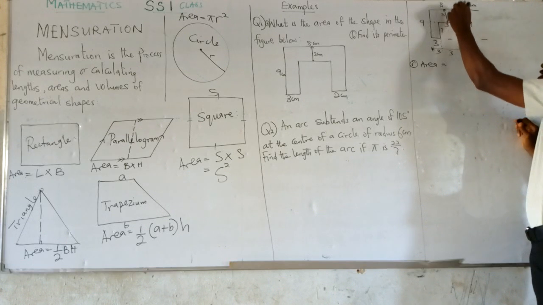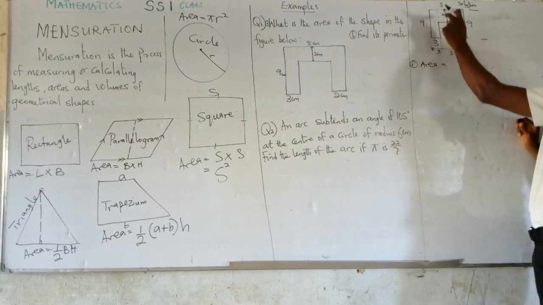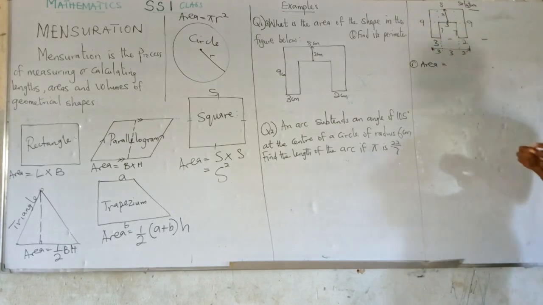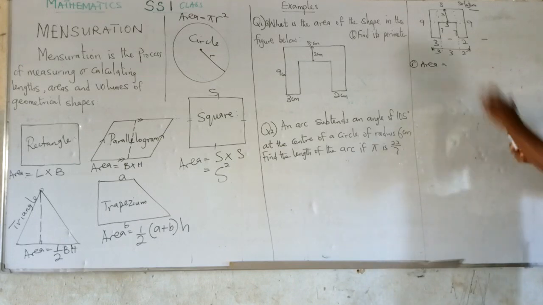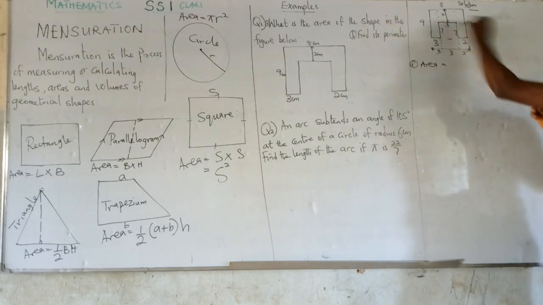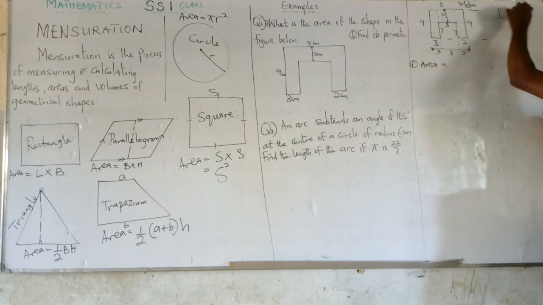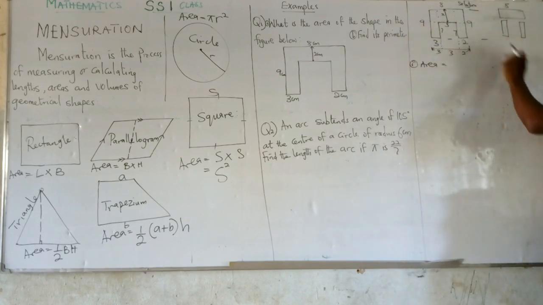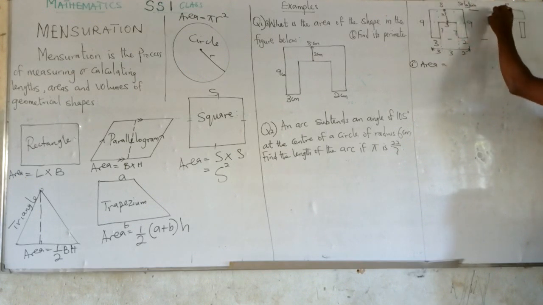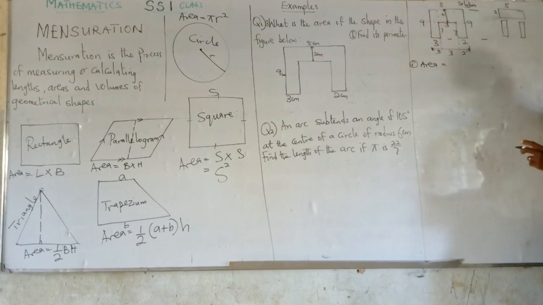We can decide to cut it this way, so that we have 1, 2, 3. Whichever way you go, you get your answer. I will suggest we go this way. If we go this way, we're going to be having something like this. True of us? True. We just cut it. Remember, here is what? 8. The distance from here to this place is 2, so here is 2. Are you with me? Okay.